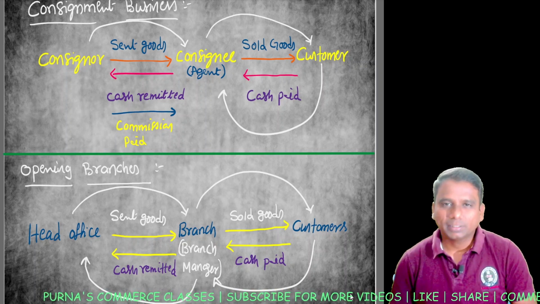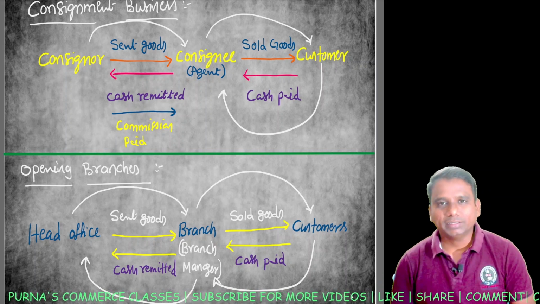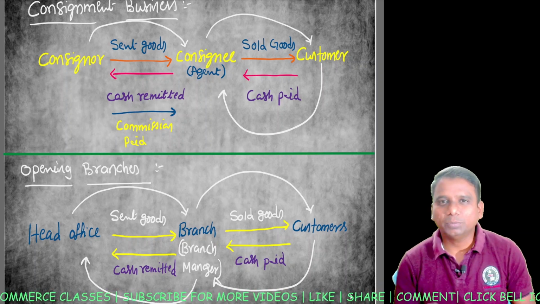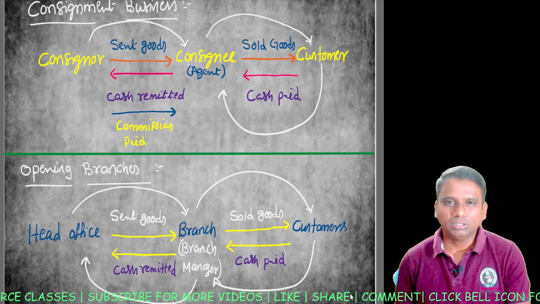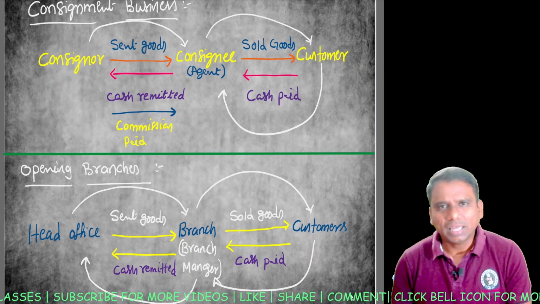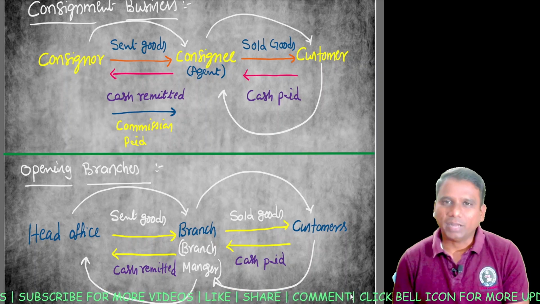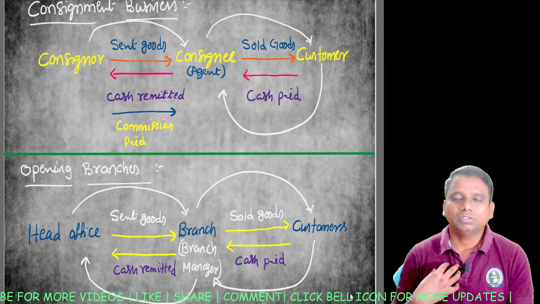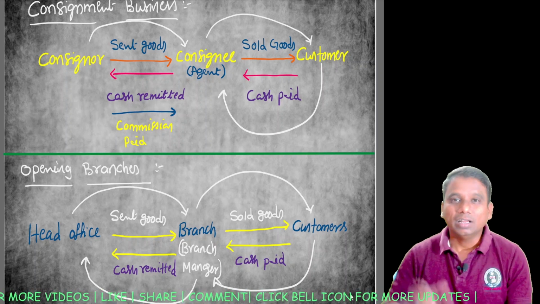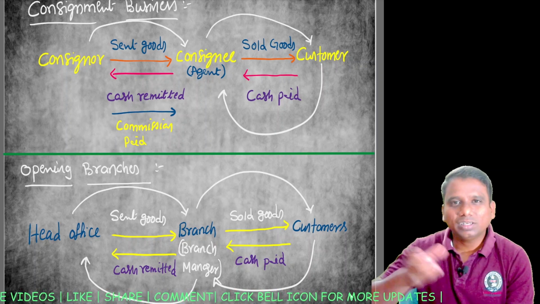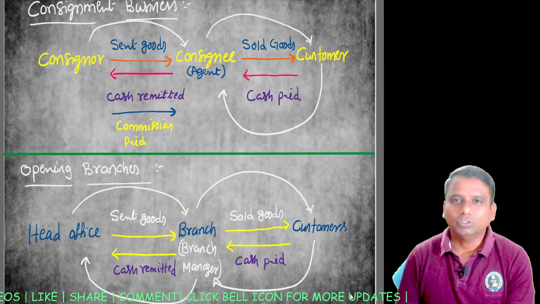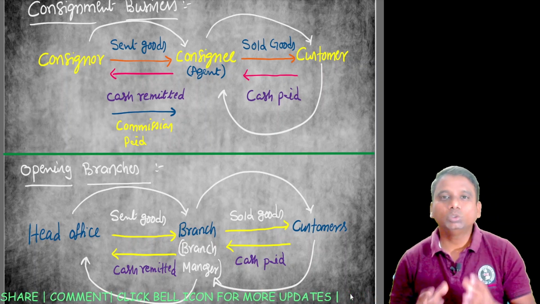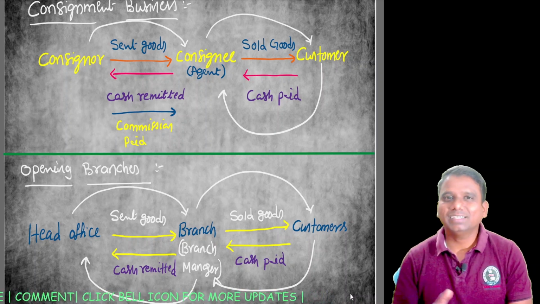In case of consignment, the consignor pays commission to the consignee. But in case of branches, the head office may pay some commission to the branch manager or may not, because to the branch manager we pay some salary. In case of branches, all the expenses should be borne by the head office. Do remember, students, that to open branches you need huge investment. But what about consignment business? You know very well.